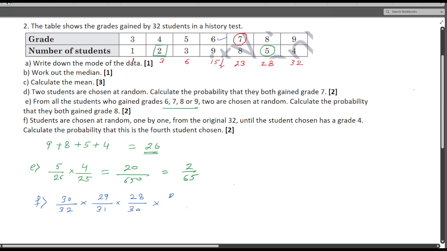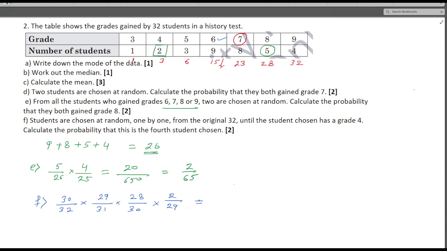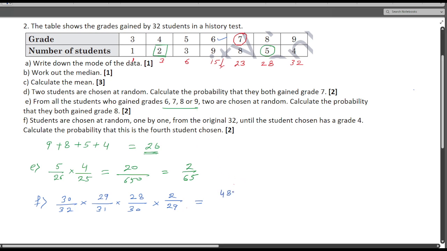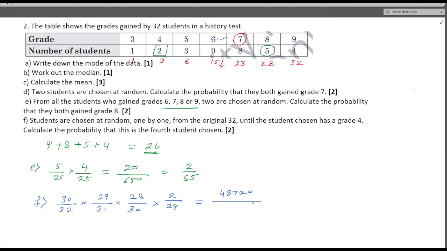I have 2 such students, so it is 2 divided by 29. The numerator is 30 times 29 times 28 times 2, which is 48720, divided by the denominator 32 times 31 times 30 times 29 times 29.